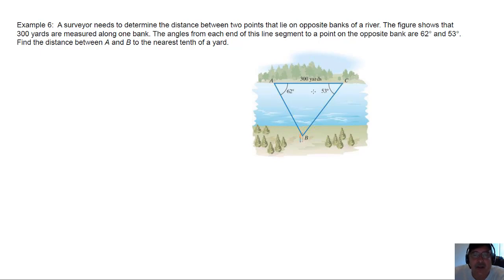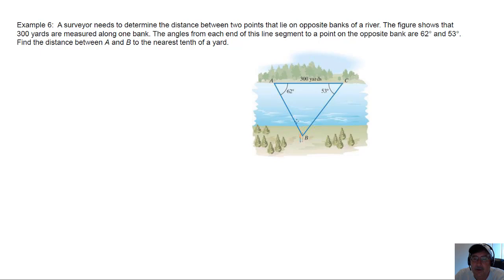The angles from each end of the line segment to a point opposite the bank are 62 and 53 degrees. You know, surveyors have those machines where they can stand out there and make sure they measure angles and so forth. So it says find the distance between A and B here, and look at, we can use the law of sines and do this without even getting our feet wet. And it says round it to the nearest tenth here.